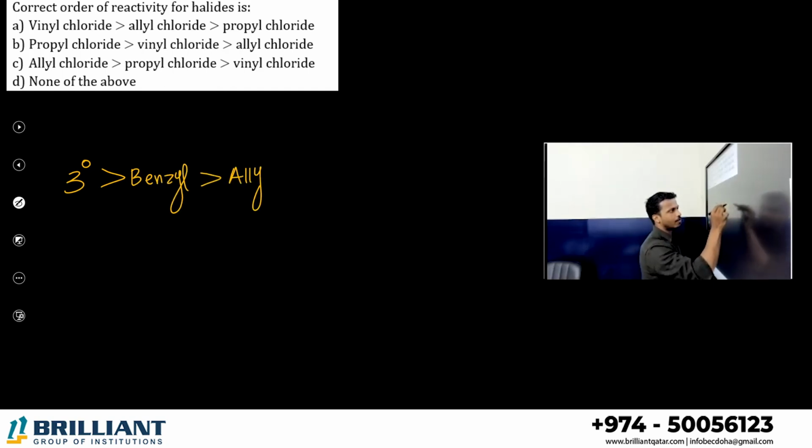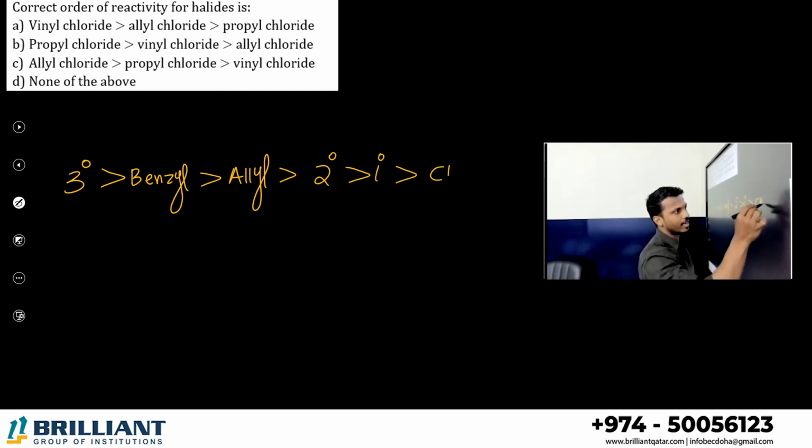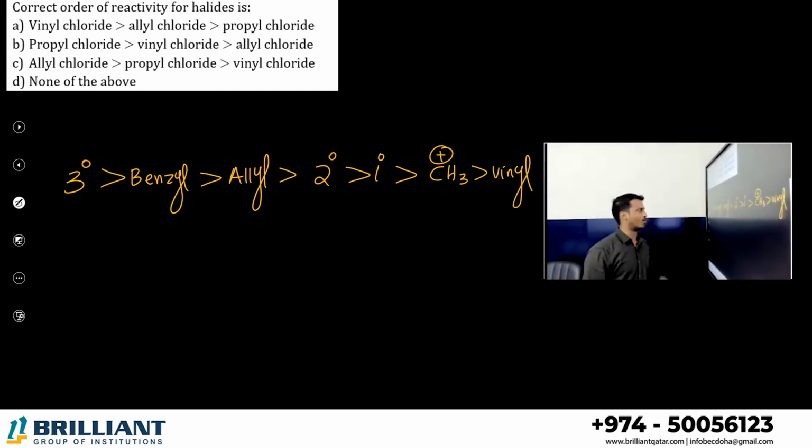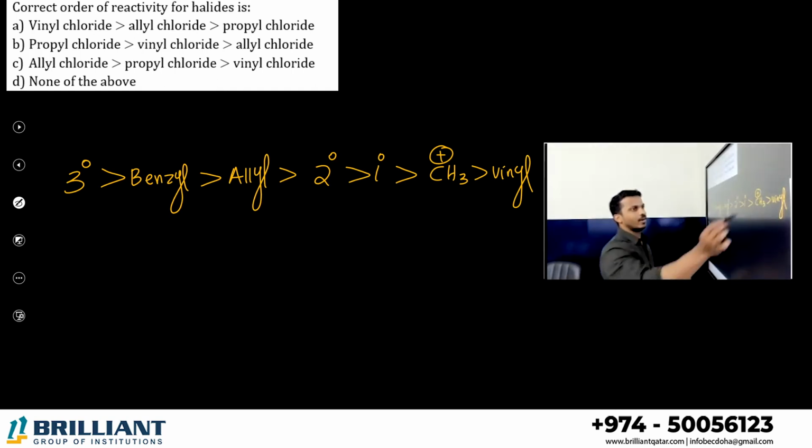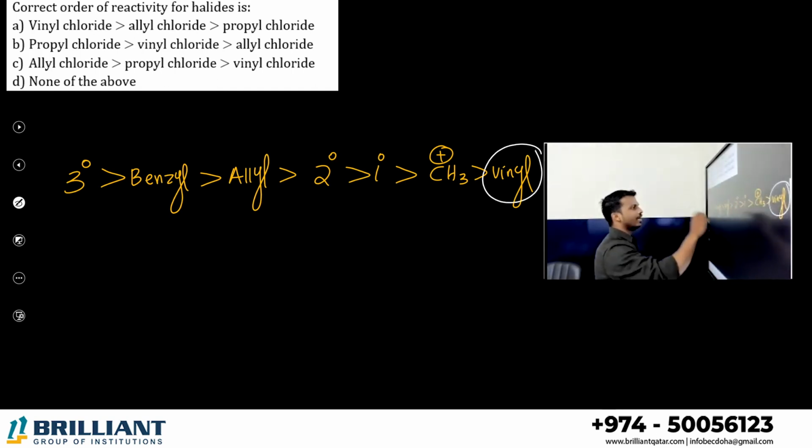Most stable carbocation is tertiary. Then we have benzyl carbocation, then allyl carbocation, then secondary, then primary, then methyl carbocation. And the least stable one is vinyl carbocation. Here vinyl is given, and allyl is given.